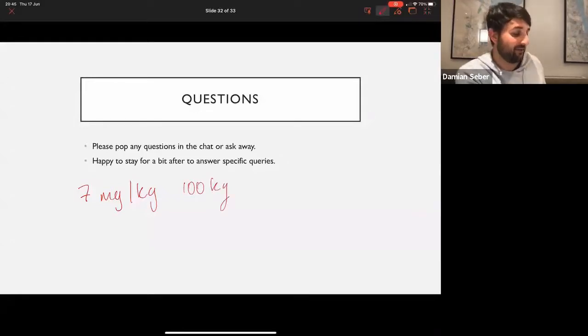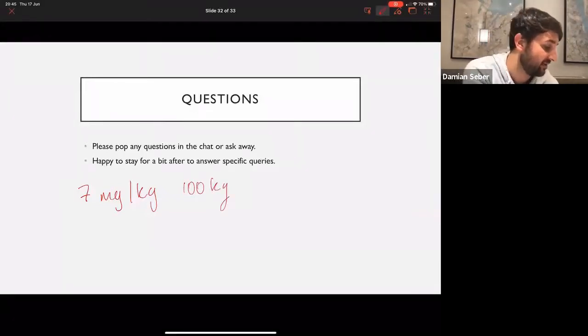Well, you'd use ideal body weight for this calculation, but purely for the sake of it, you'd need 700 milligrams.